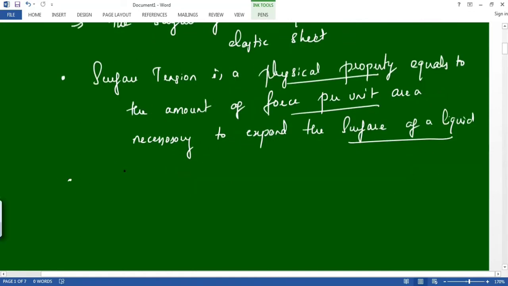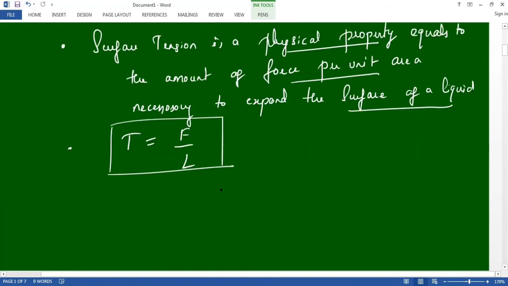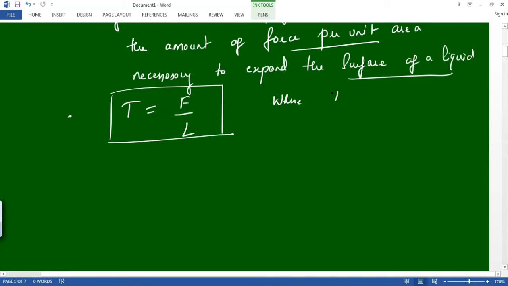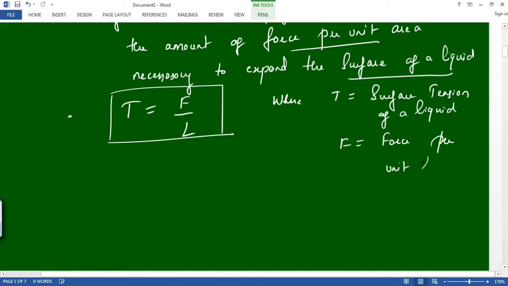So T = F/L, where T is the surface tension of the liquid, F is the force, and L is the length in which the force acts.